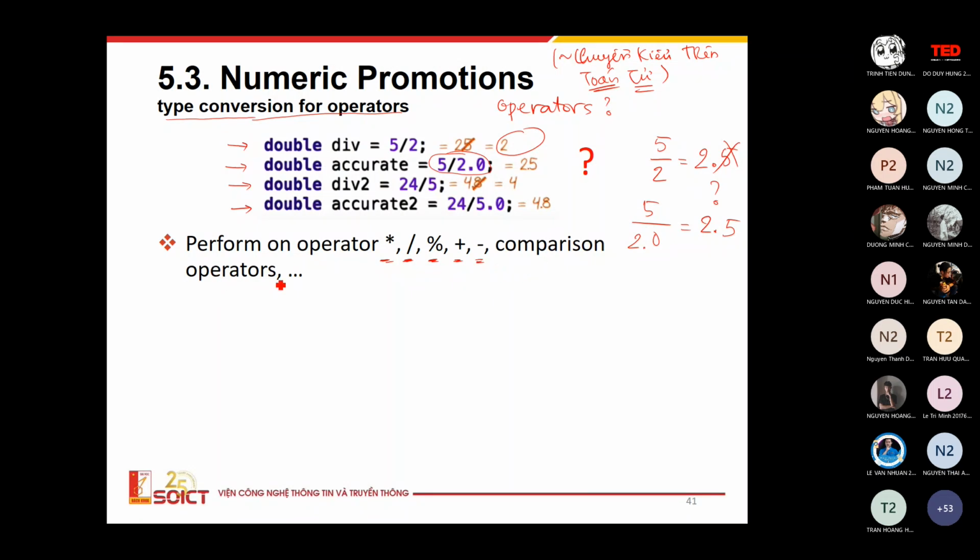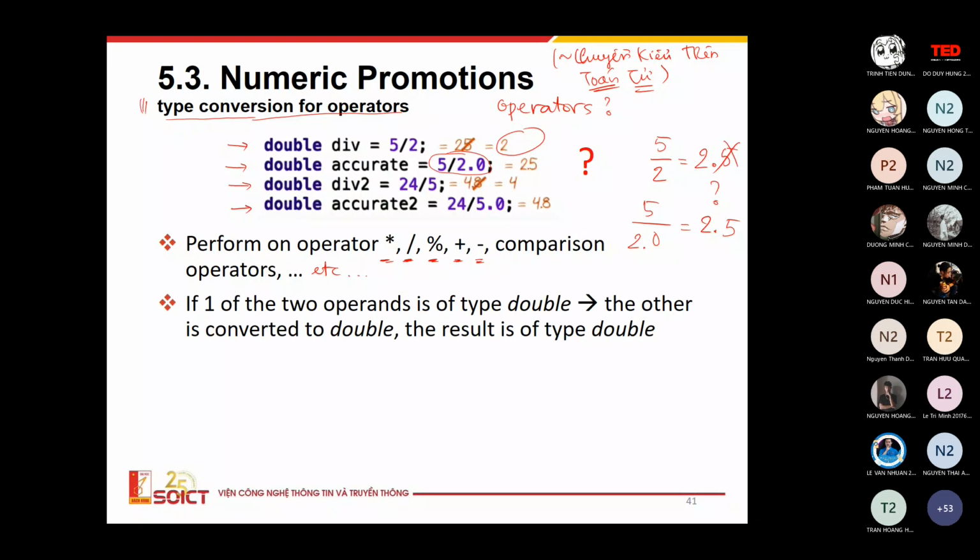All other comparison operators, etc. Okay, tức là cái thực hiện chuyển kiểu trên toán tử này nó chỉ xảy ra trên một số toán tử thôi, không phải tất cả các toán tử nhé. Ví dụ phép nhân chia, lấy phần dư, phép cộng, phép trừ, hai số hạng, rồi các cái phép so sánh, các cái toán tử so sánh, thì cái numeric promotion này sẽ xảy ra trên những cái toán tử đó. And how do they do it?